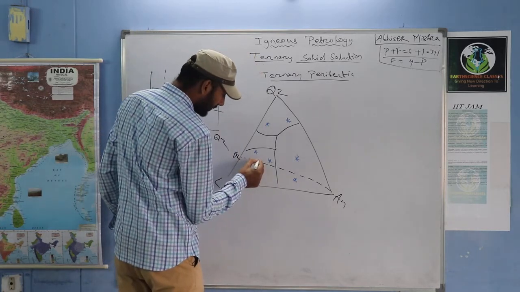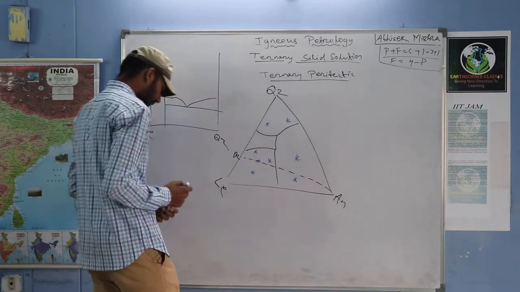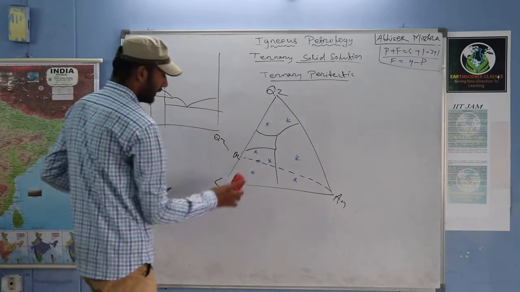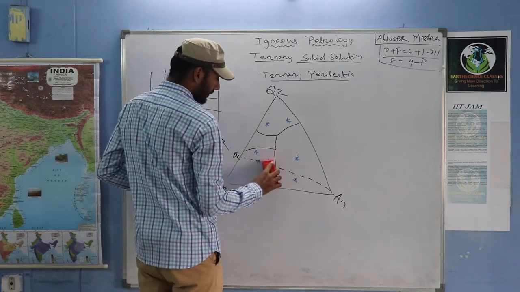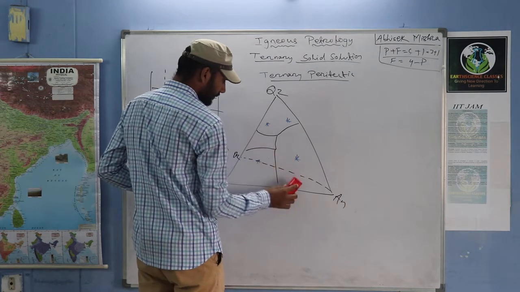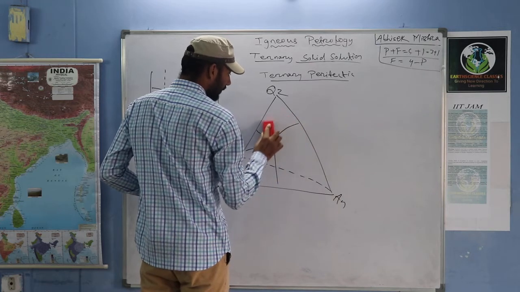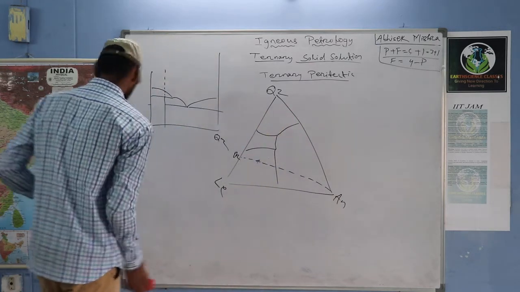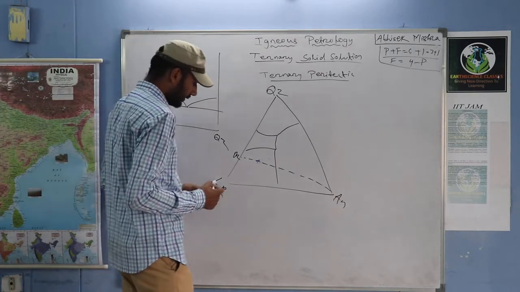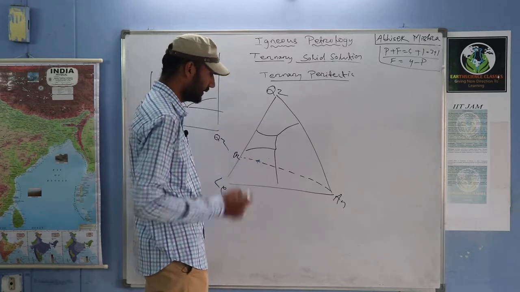Let me say this is one point which is on this line, the anorthite and orthoclase line. So this is one point, which is present on the line connecting orthoclase and anorthite.